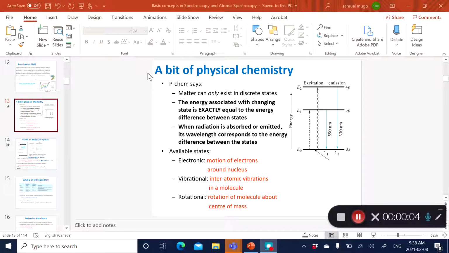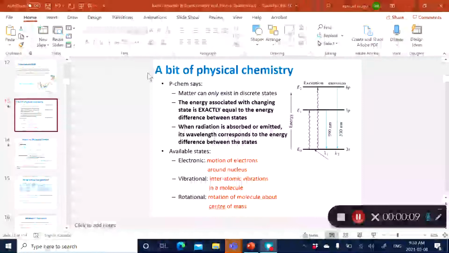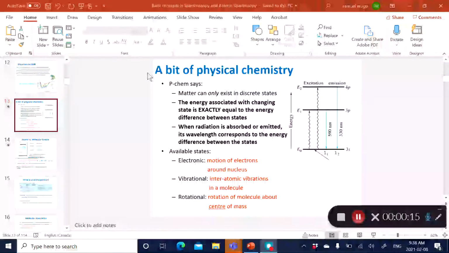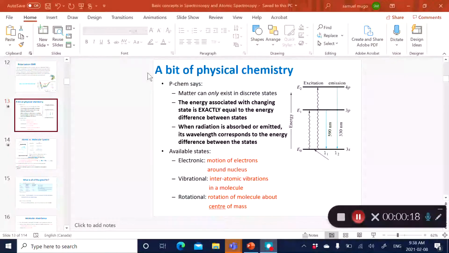Continuing on the theory of spectroscopy, I think it's important for us to talk a little bit about physical chemistry, especially quantum chemistry, because that's the basis of spectroscopy.